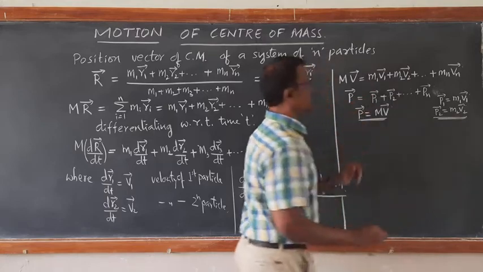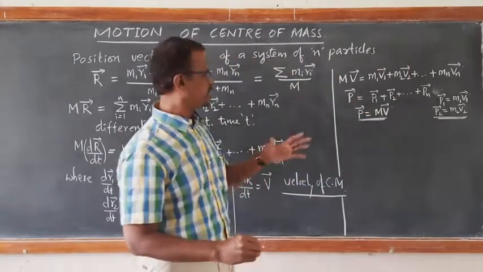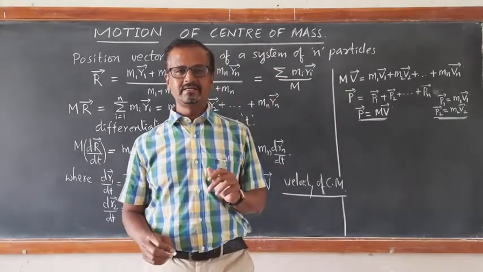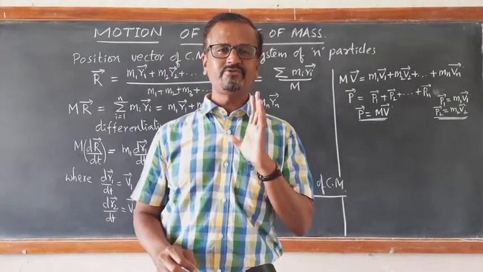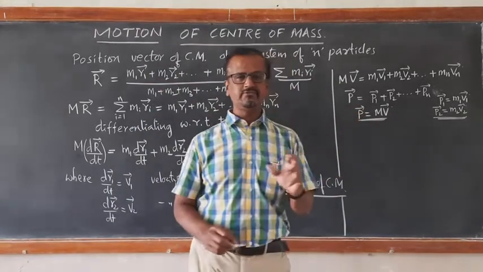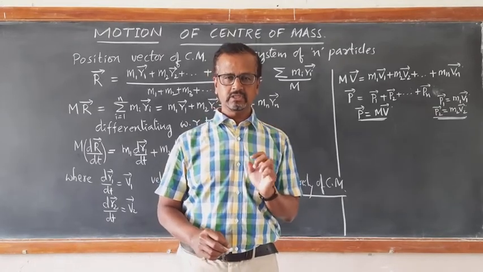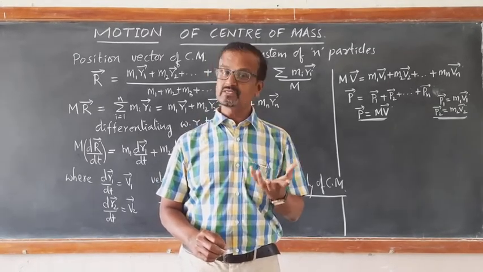Now if you differentiate this once again, we get rate of change of velocity or rate of change of momentum. Rate of change of velocity gives us acceleration. Rate of change of momentum gives us force.